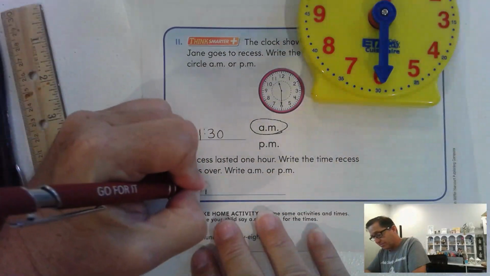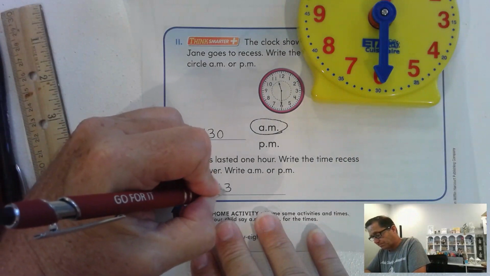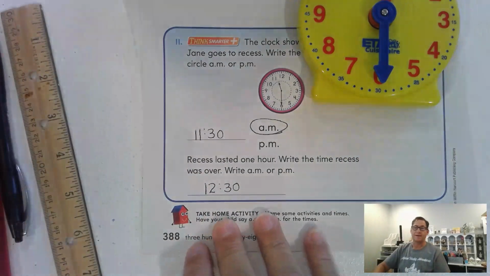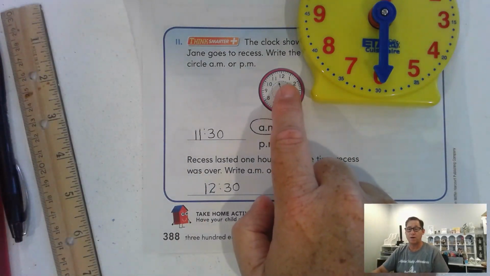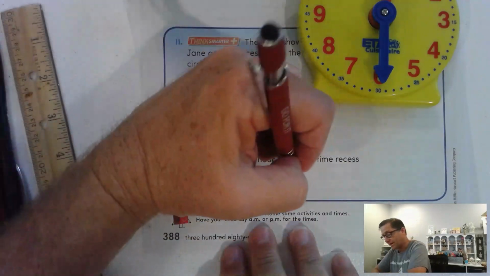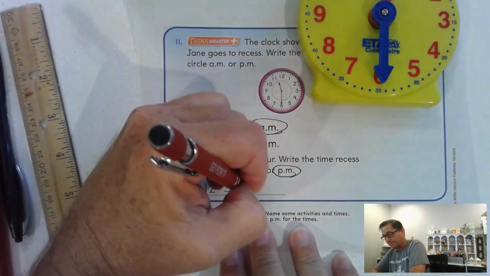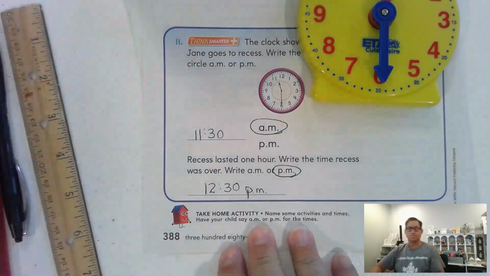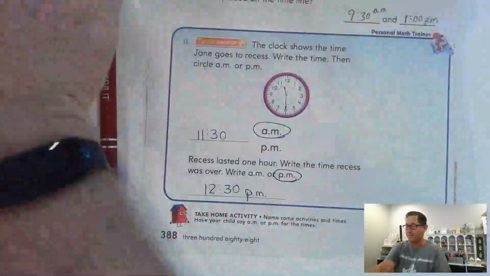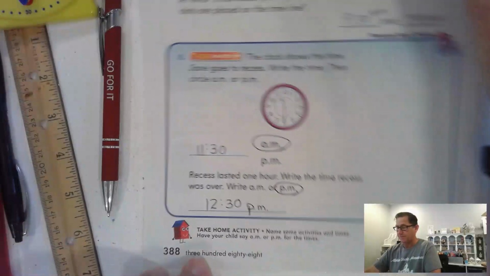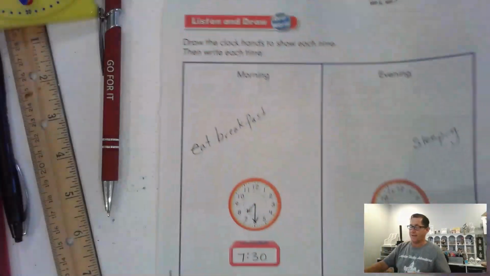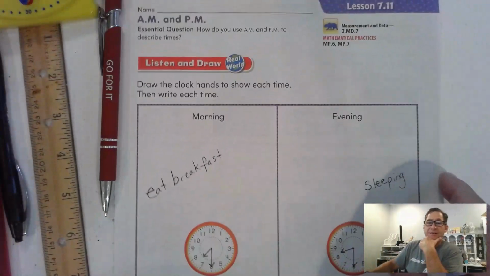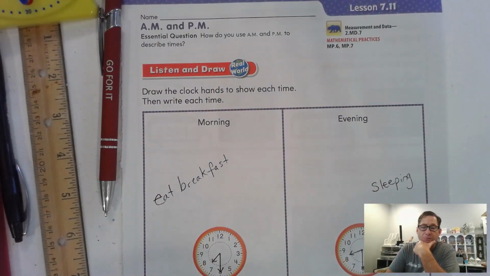But since we passed 12 noon, we have to say PM. So 12:30 PM. That's it for the concept of AM and PM for this lesson. Until our next lesson, I will see you soon.